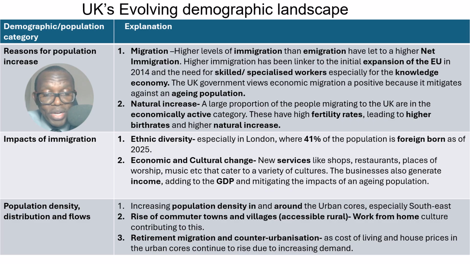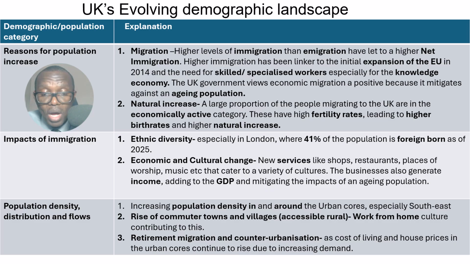Then we have retirement migration. Now this is another flow, as well as counter-urbanization. This is as a result of the house prices and the cost of living being fairly high in urban cores like London. Some people then prefer to move out to the countryside and leave the urban areas entirely, especially the people who are retiring.